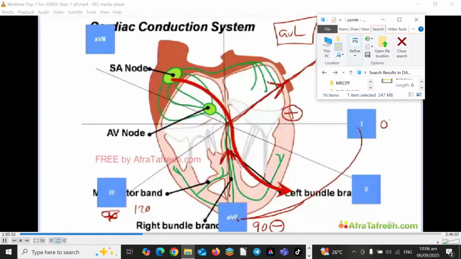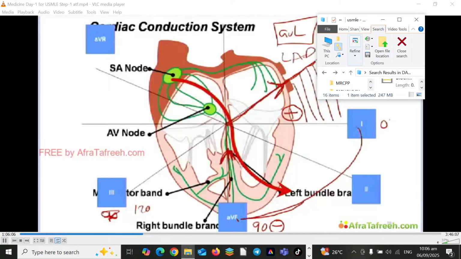You understood this is going away from lead AVF but towards lead 1, and there is only one quadrant like that, and it is this quadrant. This is called left axis deviation. Anything above 0 degrees, that is minus whatever, is left axis deviation. So anything up to minus 50, minus 60 is left axis deviation.